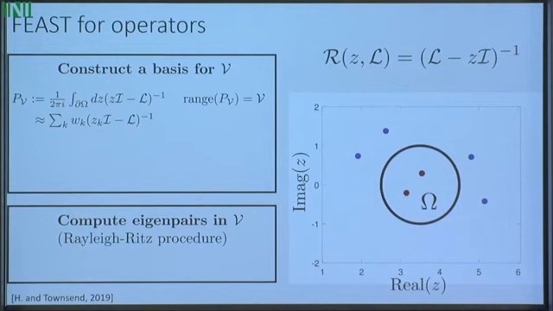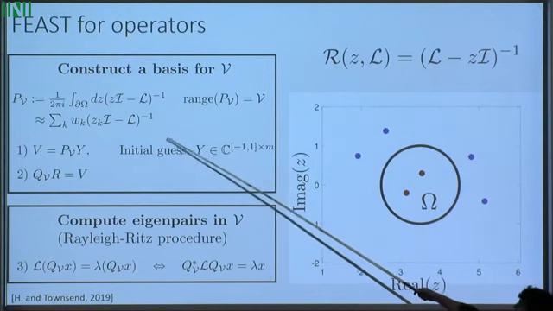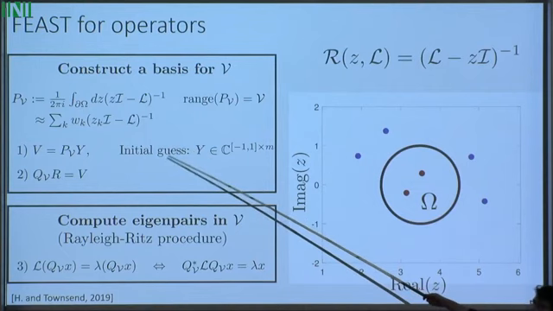More important is that one can do this same procedure, extracting spectral properties of an operator from samples of the resolvent along a suitable contour. And so it's basically as simple as plugging your operator into your projector. And instead of applying the inverse of some matrix, we're applying the inverse of some operator.